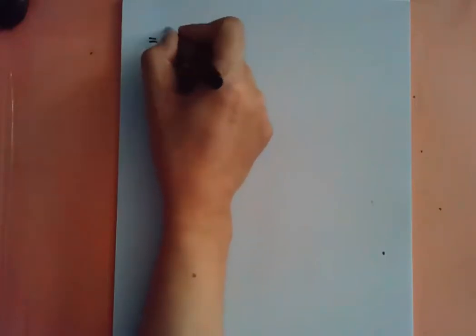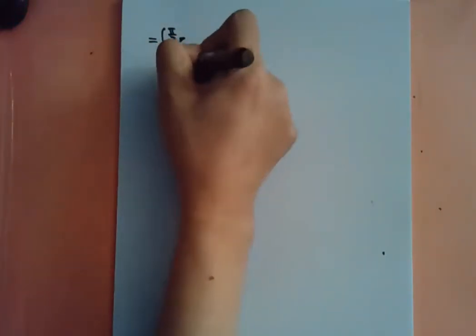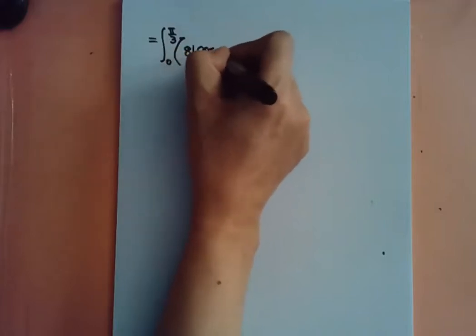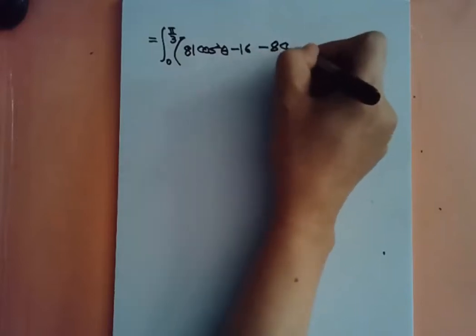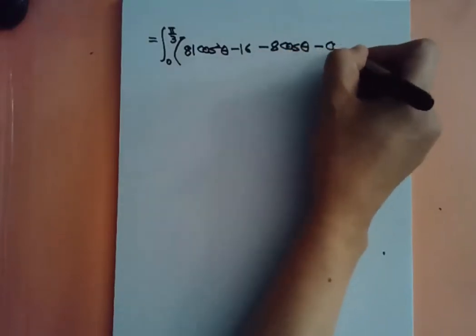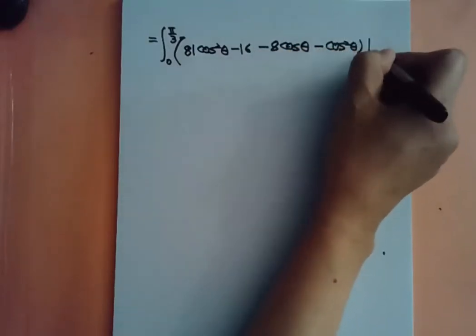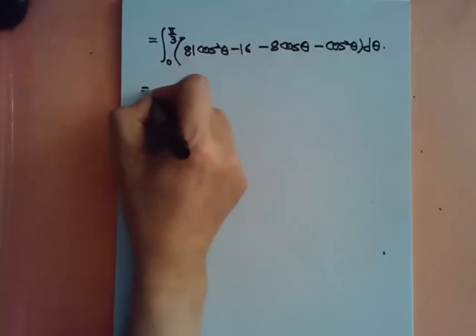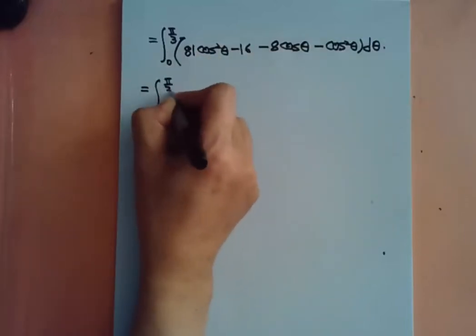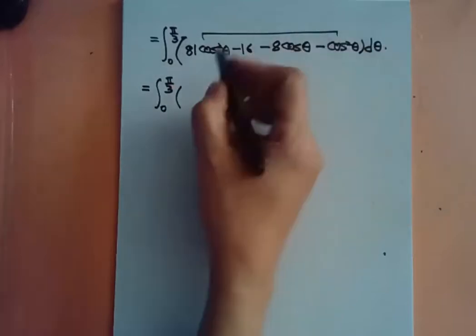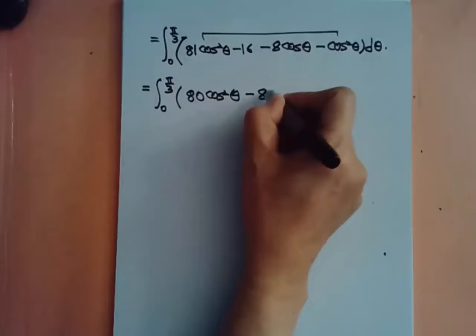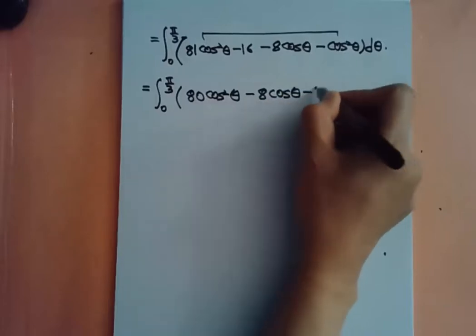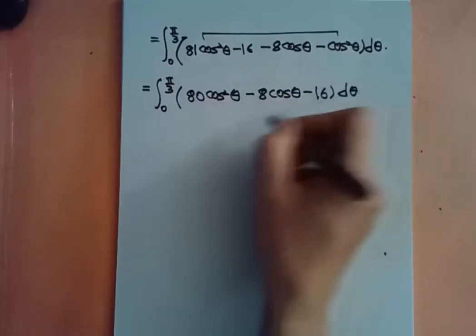So that equals the integral from 0 to pi over 3 of 81 cosine squared of theta minus 16 minus 8 cosine of theta minus cosine squared of theta d theta. So that equals the integral from 0 to pi over 3 of 80 cosine squared of theta minus 8 cosine of theta minus 16 d theta, and so on.